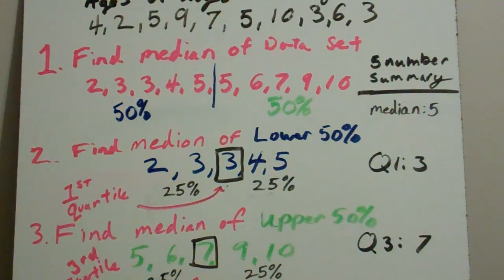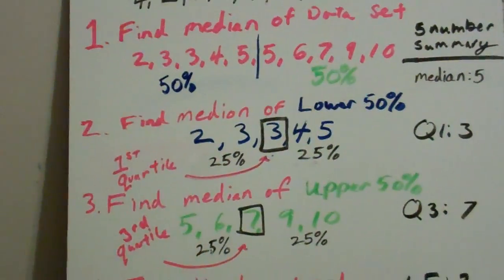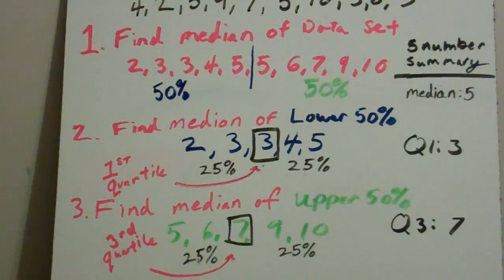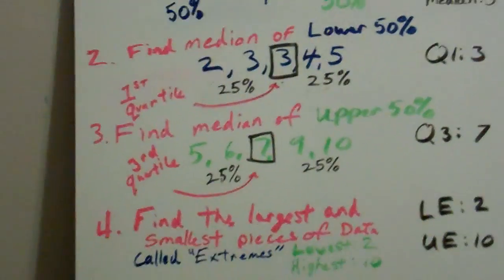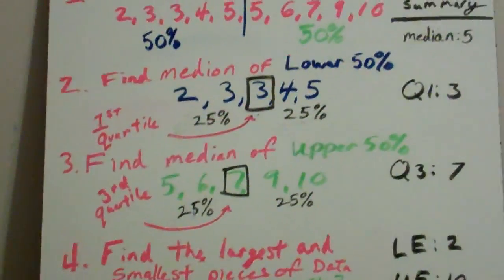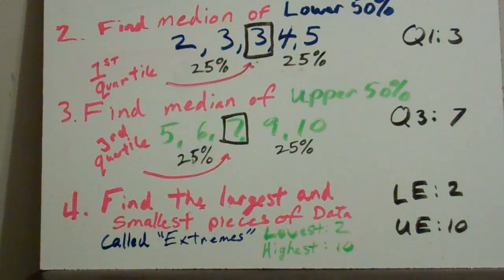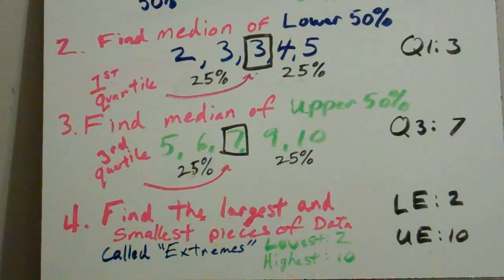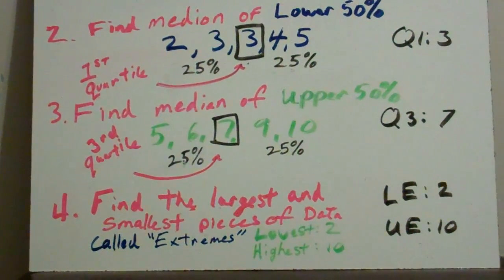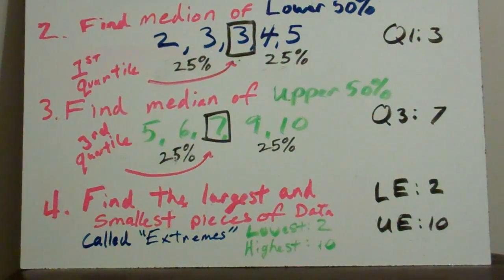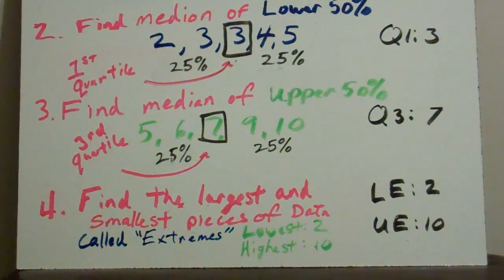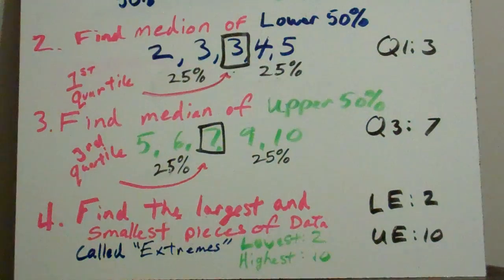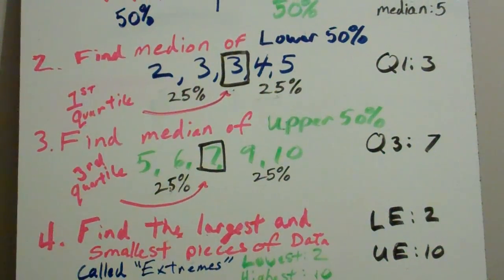The next step, okay, is to find the lowest number and the greatest number. Those are called the extremes. So the lowest number in our data set is a 2, and our greatest number is a 10.